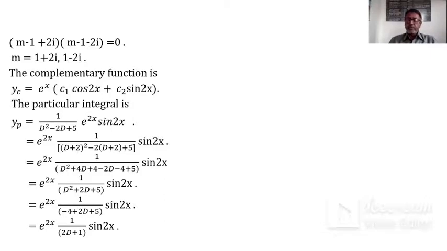Again to operate this, we multiply the numerator by 2D minus 1 and divide by 2D minus 1. We obtain e to the power 2x, 2D minus 1 upon 2D minus 1 times 2D plus 1, sine 2x.